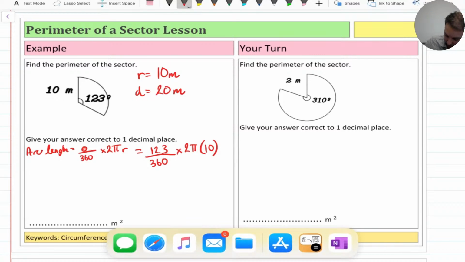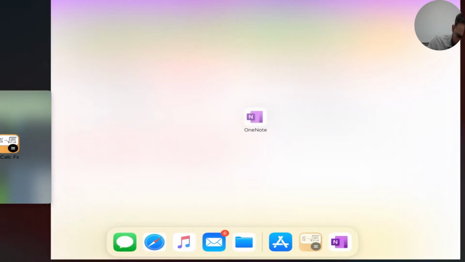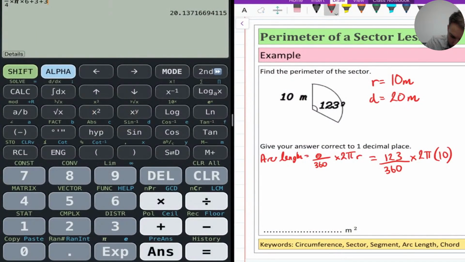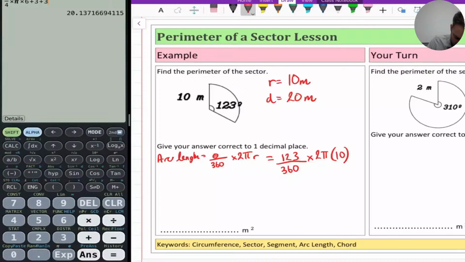So let's put that into my calculator. Remember to press the fraction button first. Fraction button, 123 over 360 times 2, shift, pi, open bracket, times r, which is 10. You can leave it as a fraction if you want. I'm going to write it to 1 decimal place.